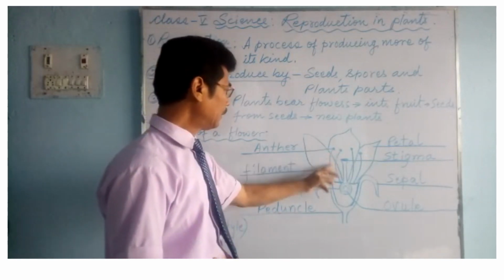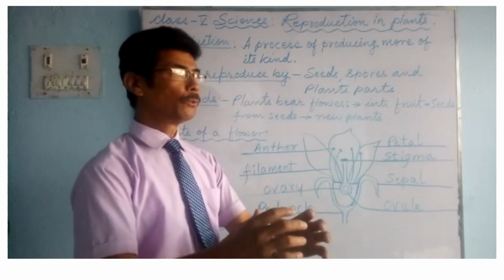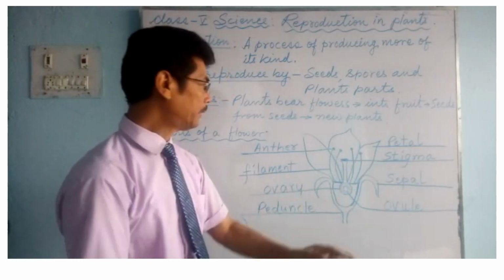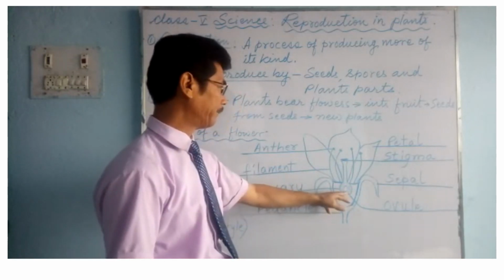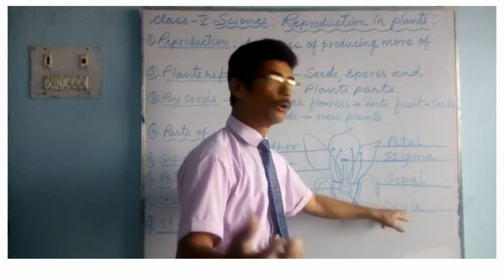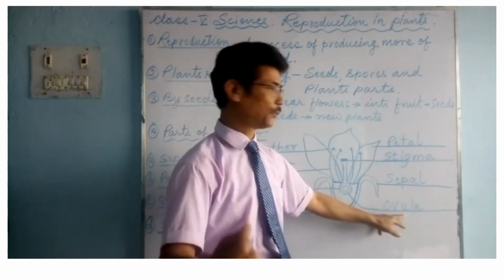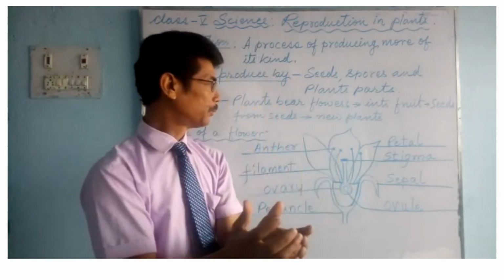And this middle portion, a long tube-like structure with a jar at the bottom, that is the female part, that is called ovary. And this inside portion is called an ovule, where the embryo lies. And this ovule will change into a fruit.